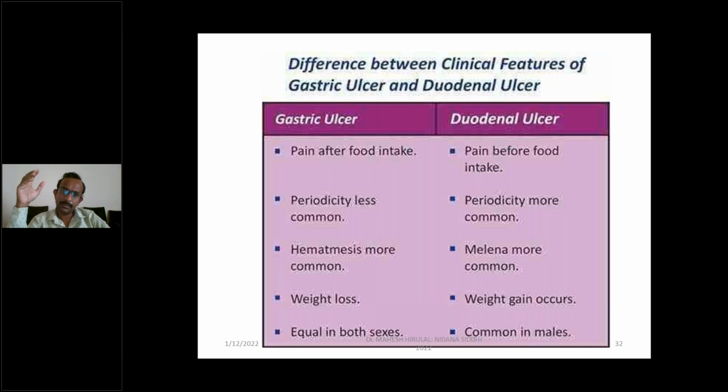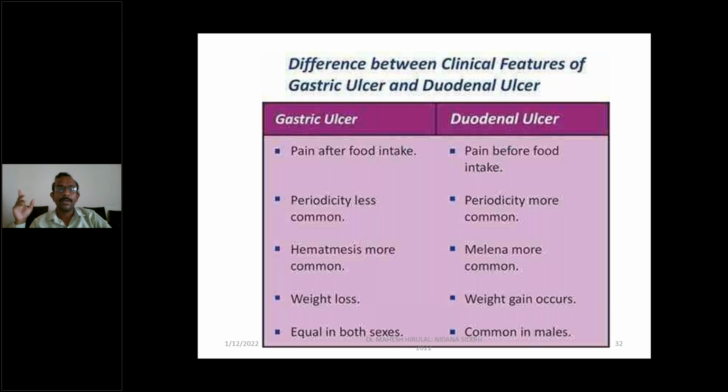Nowadays, in the present scenario, we are not having too many complications of the gastric or duodenal ulcer. About 25 or 30 years back, the general surgeon used to go for gastrectomy. If the person had gastric ulcer or duodenal ulcer, they used to cut the part of the stomach and anastomose it.